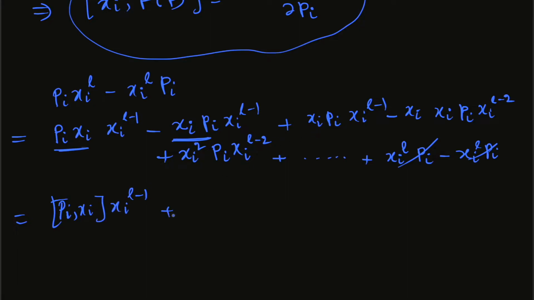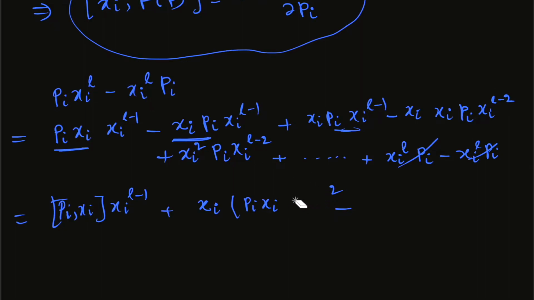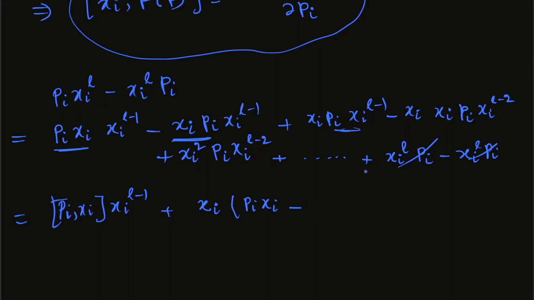Similarly, in the second term, we will get x_i, from this term, we can write it like that, p_i x_i into x_i to the power l minus 2 minus this term, x_i p_i x_i to the power l minus 2.